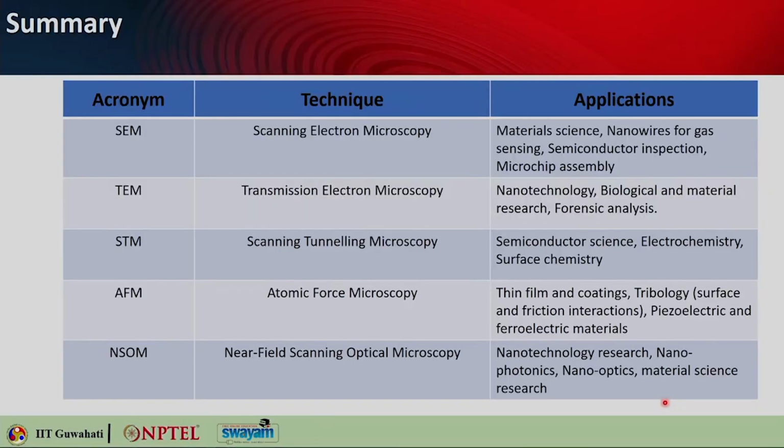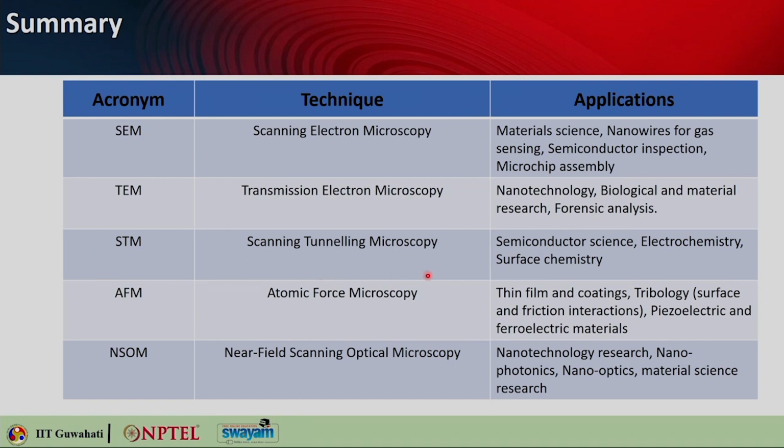So, let us quickly summarize the different techniques. SEM, that is scanning electron microscopy, the applications are in material science, nanowires for gas sensing, semiconductor inspection, microchip assembly. TEM, transmission electron microscopy, is very popularly used in nanotechnology, biological and material research, forensic analysis.